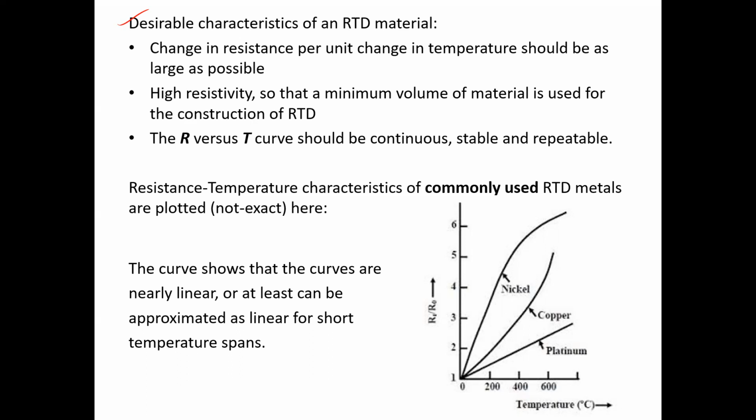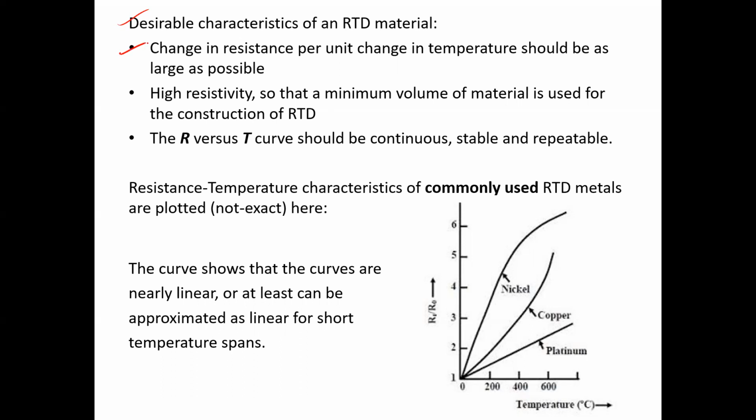So which means that the sensitivity of the material to the change in temperature should be as high as possible. So even for smaller changes in temperature, if the rise in resistance is higher, then small changes in temperature can be detected with higher accuracy.